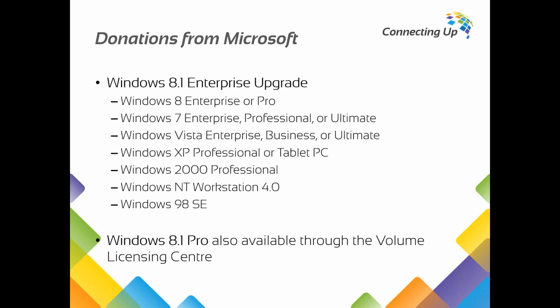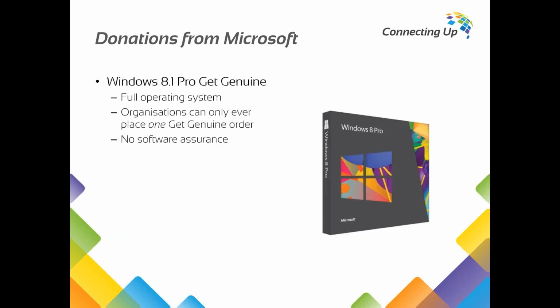If you run, say, Windows 7 Home Edition, what you'll need to do is get a donation of Get Genuine software. Now, the Get Genuine software through Microsoft is a full operating system. So these aren't Pro versions, this is the full operating system.